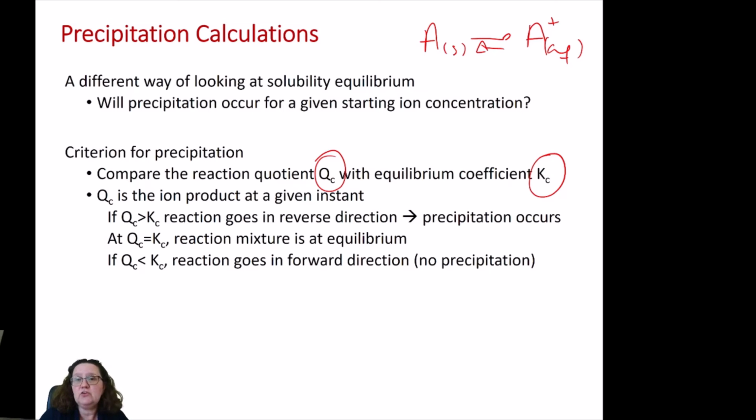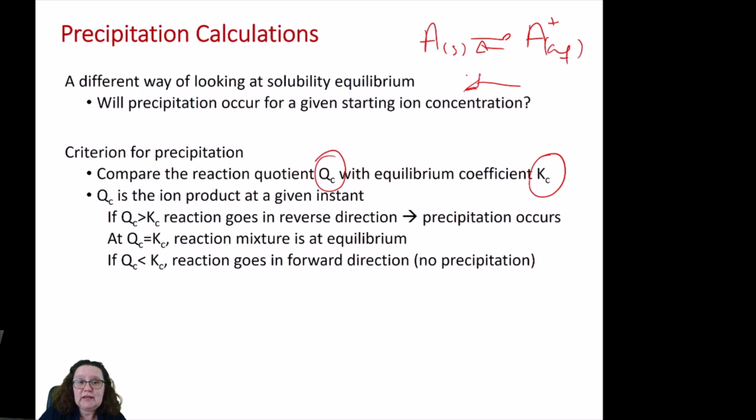Then, looking at the concentrations you've got, you work out the reaction quotient and compare both values. If the reaction quotient is greater than the equilibrium constant, the reaction goes in reverse. Precipitation occurs.